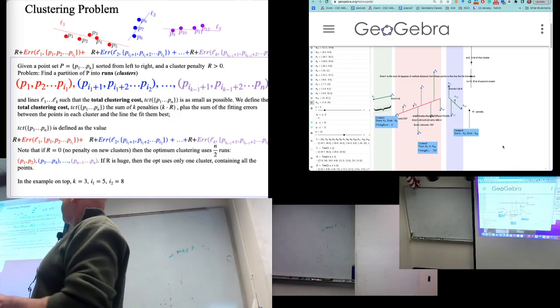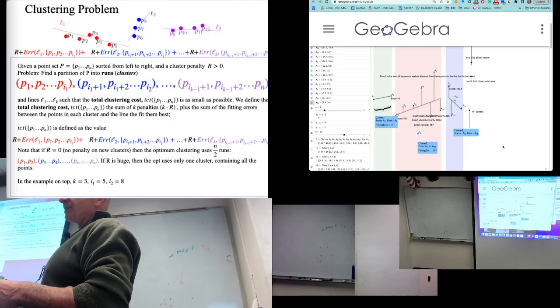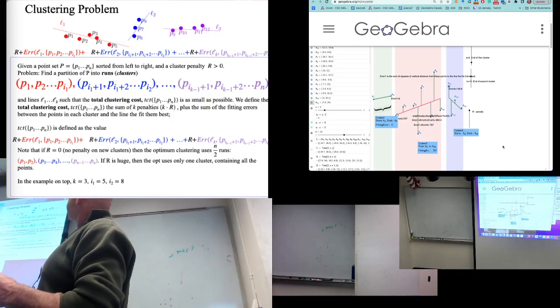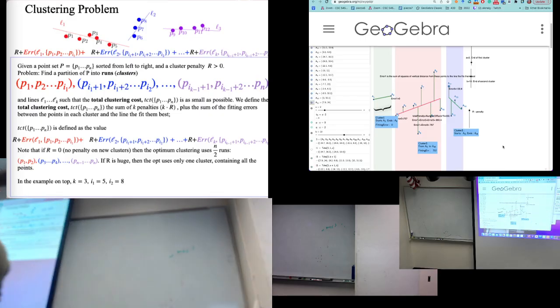In this case, I'm using a linear function, and I'm using a sum of squares of distances, but that's completely arbitrary. We could have used any function that we have in mind. And the main twist here is that we are not telling you exactly how many clusters we want in the solution.